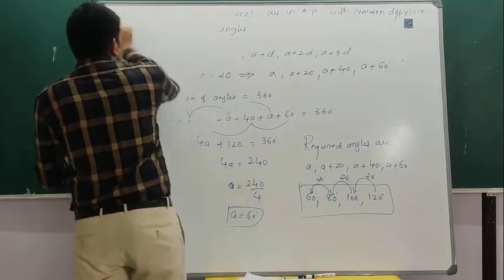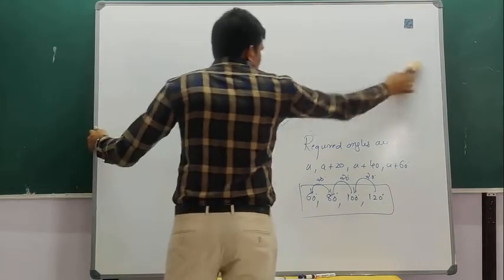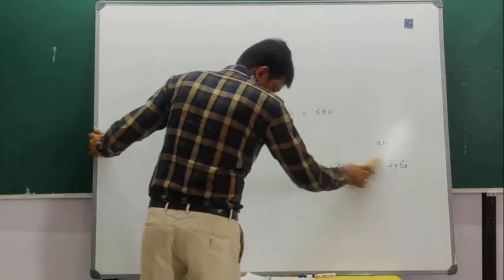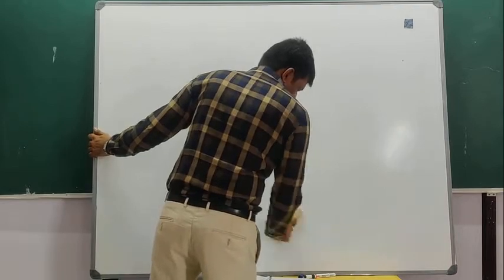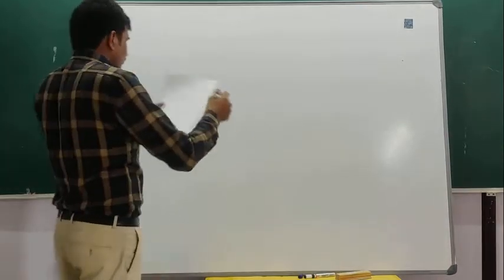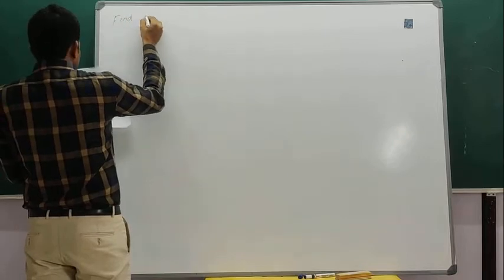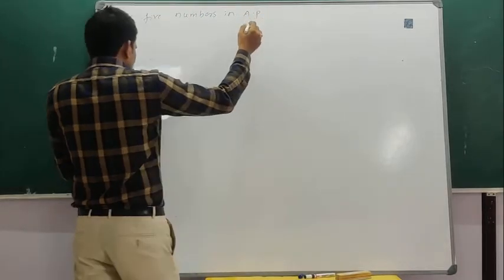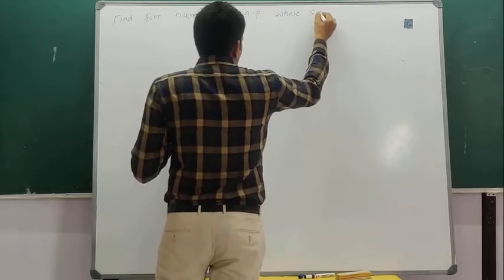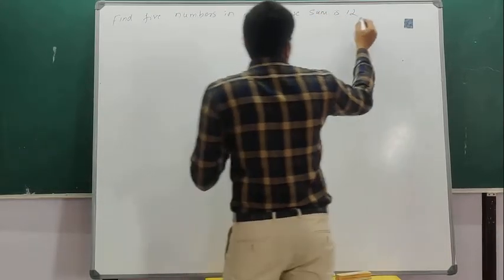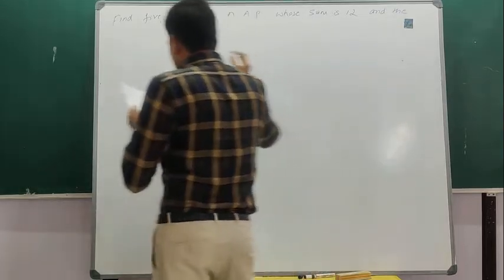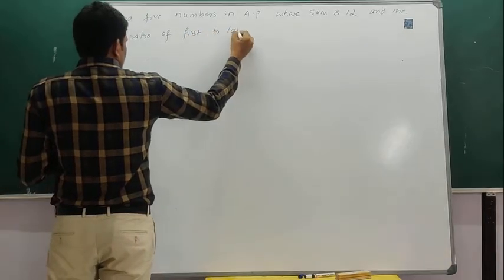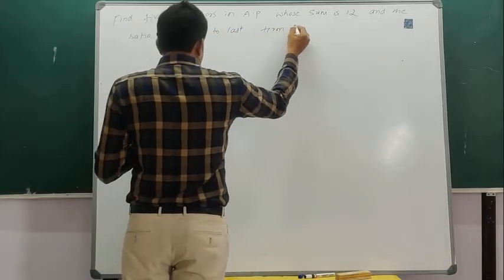Next problem. Find 5 numbers in AP. The sum is 12 and the ratio of first to last term is 2:3.